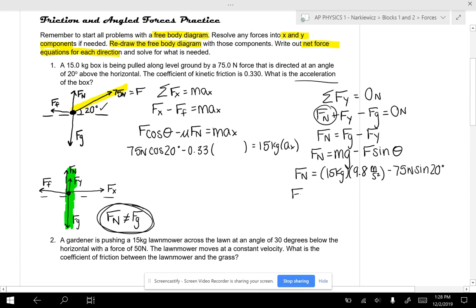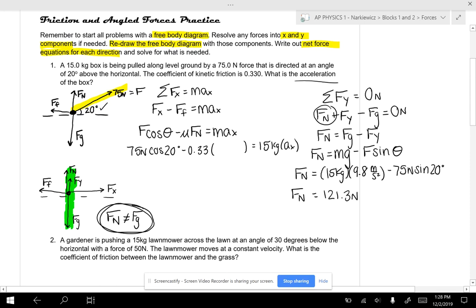Okay, and the normal force ends up being, hold on, I've got to calculate this. Probably should have done that beforehand. It's fine. 75 sine of 20, making sure my calculator is in degrees, and it is. So I have a normal force of 121.3 newtons.